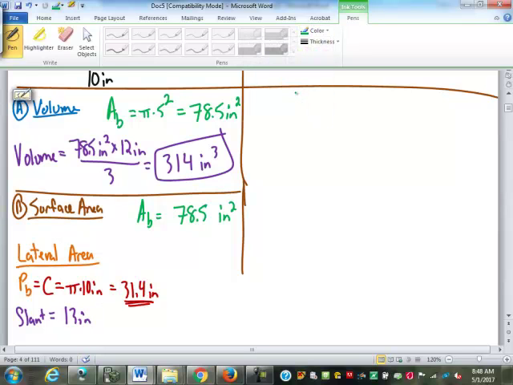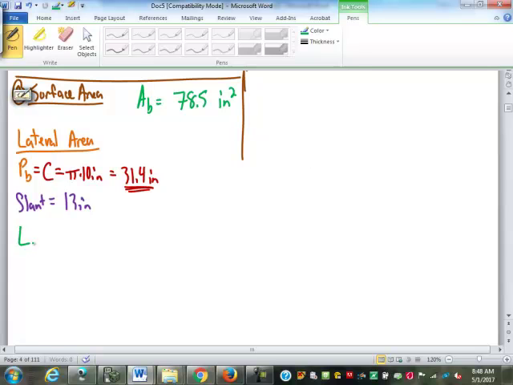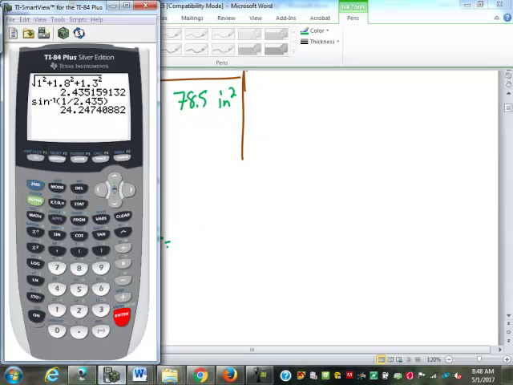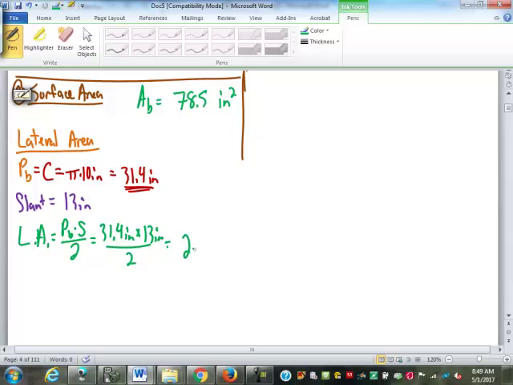So my lateral area is the perimeter of the base times the slant divided by 2 for a cone. So that's the 31.4 inches times the slant of 13 inches divided by 2. This is 204.1 square inches.